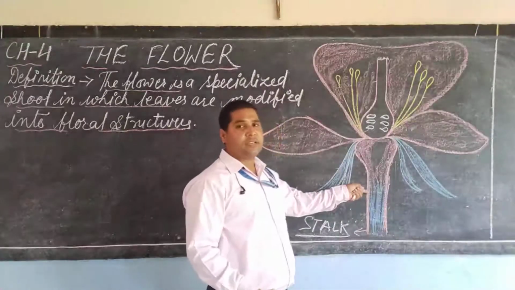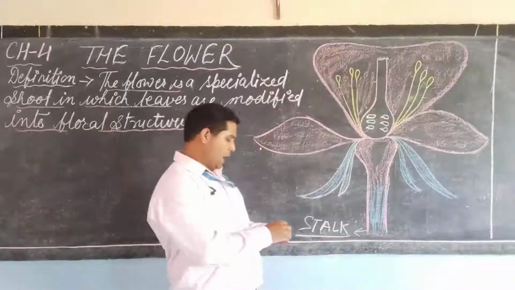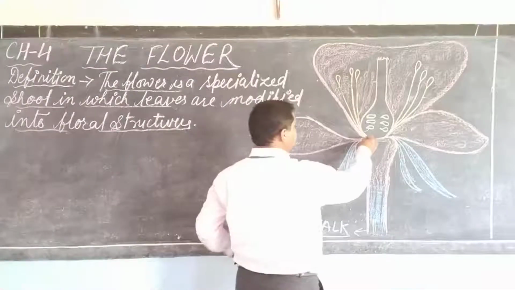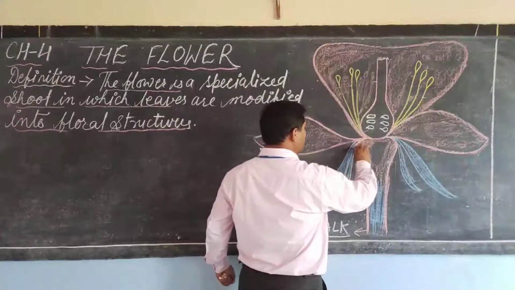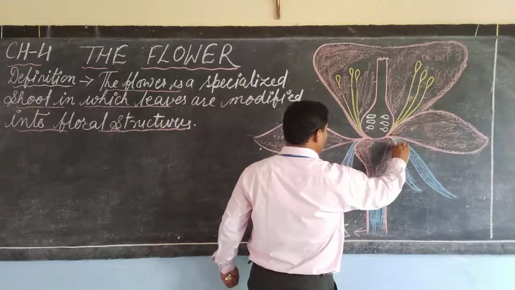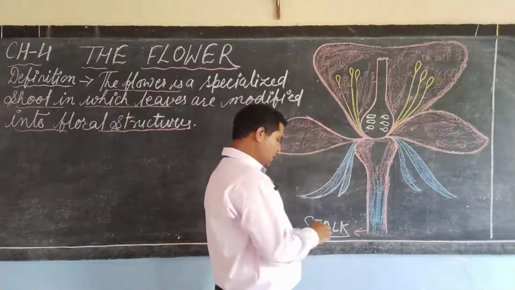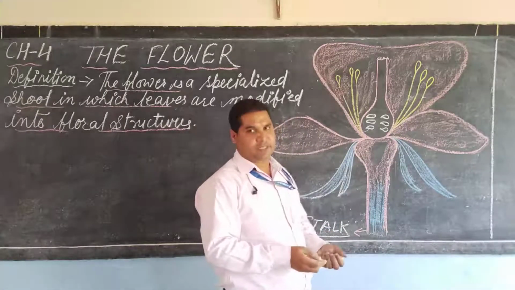Further it proceeds upward and forms a cup-shaped structure. And this cup-shaped structure is known as a thalamus.